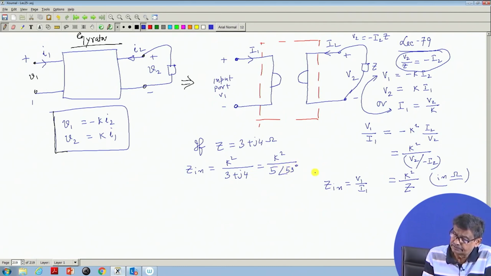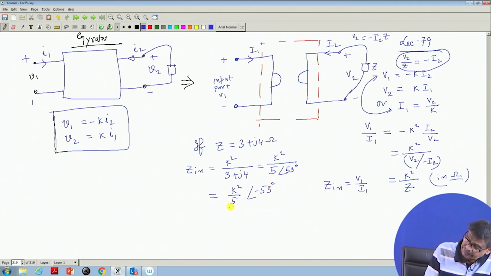This is the impedance we have connected. So, this impedance value will be k square by 5 at minus 53 degree approximately.